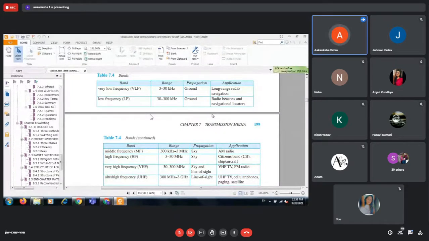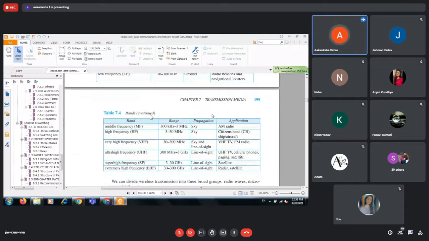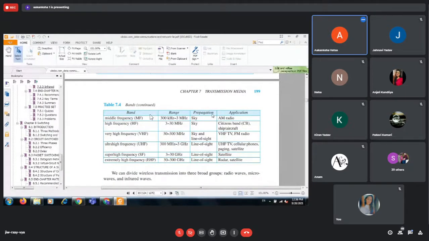Middle frequency range is 300 kilohertz to 3 megahertz, and it uses sky propagation. Then 3 megahertz to 30 megahertz, the high frequency range, also uses sky propagation. AM radio basically works from 300 kilohertz to 3 megahertz. So you can see the frequency ranges and their usage.